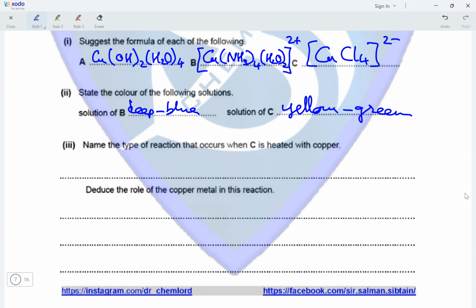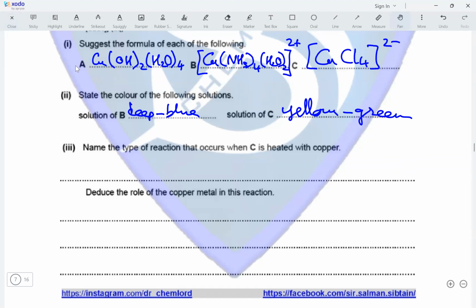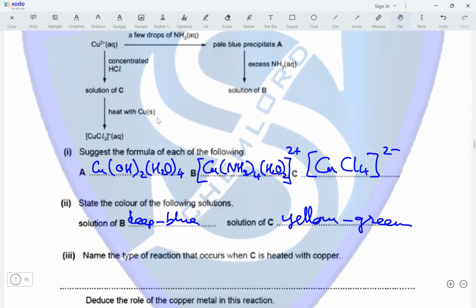So when C is heated with copper, we will have to look at what goes on. C heated with copper produces CuCl2 with a negative charge, which means the chloride ions having a -2 charge in total and copper having a charge of x gives us a net result of -1. So when the -2 shifts side, it becomes +2. +2 minus 1 gives us a value for x as +1.